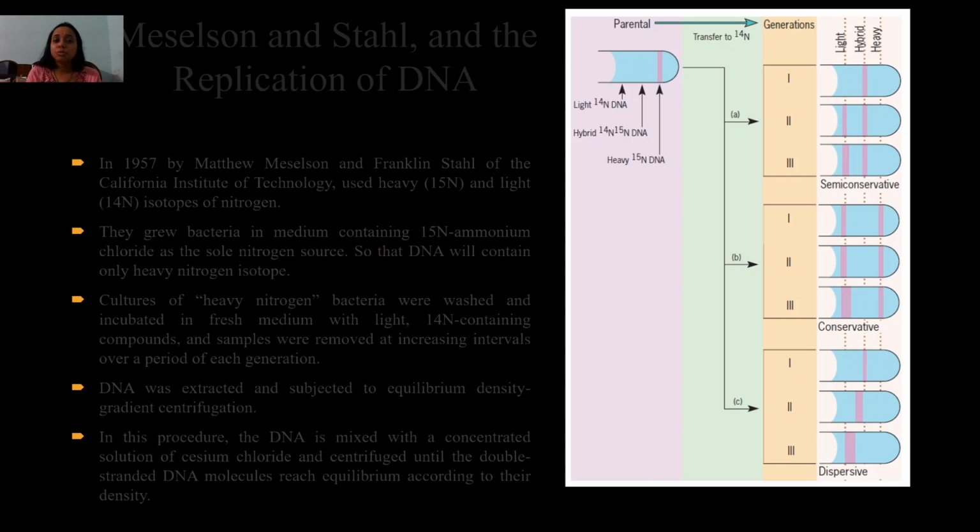Similar experiments were later also performed on eukaryotic cells to identify whether they also have this kind of banding pattern, whether they also have a semi-conservative mode of replication, so as to confirm in the case of eukaryotes, and the similar pattern was found. So that similarity we also share with the bacteria.